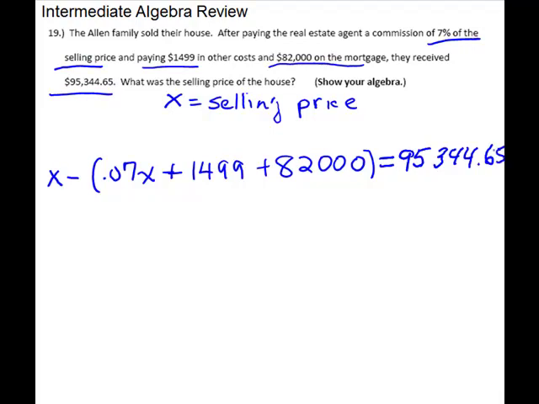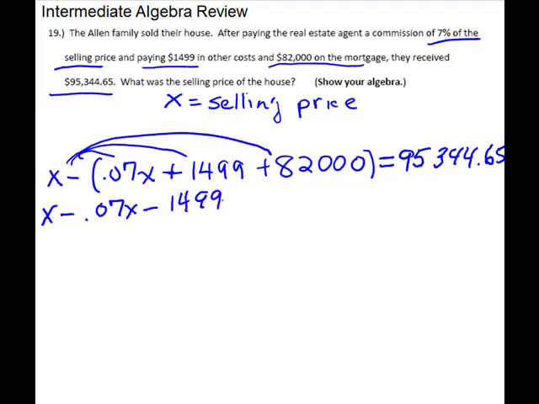Sorry, I'm having to squish that a little bit. So you need to distribute here. So you're still going to have x minus 0.07x minus $14.99 minus $82,000 equals 95,344.65.